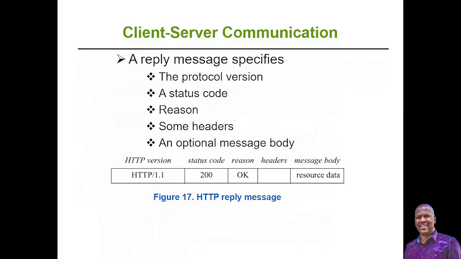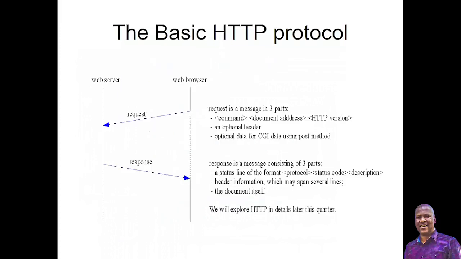A reply message from the server typically provides the protocol version, status code, reason, some headers, and an optional message body, right? So if you communicate between the client process and server process, a reply message will always offer that.